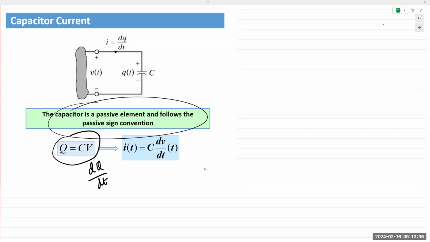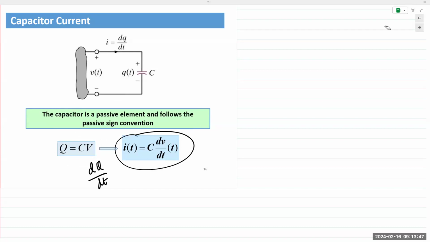So dq over dt gives us I. And hence, we can write that current for a capacitor is directly proportional to the rate of change of voltage that is being applied across that capacitor. So I is equal to C dV over dt.